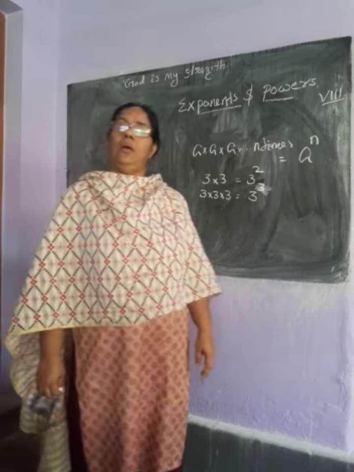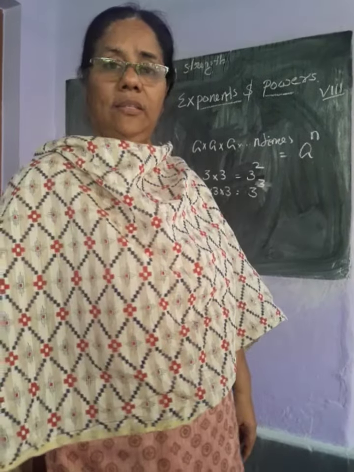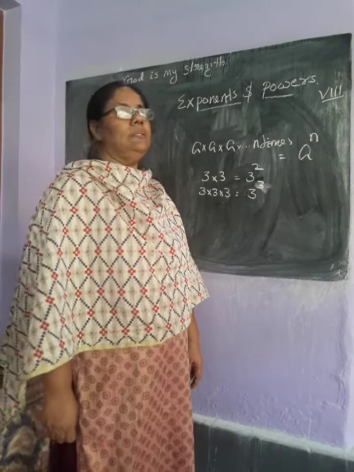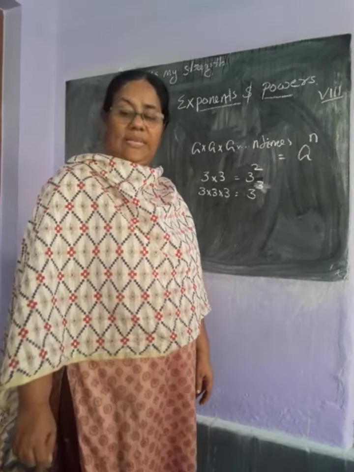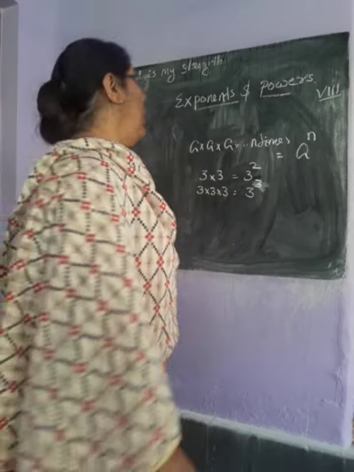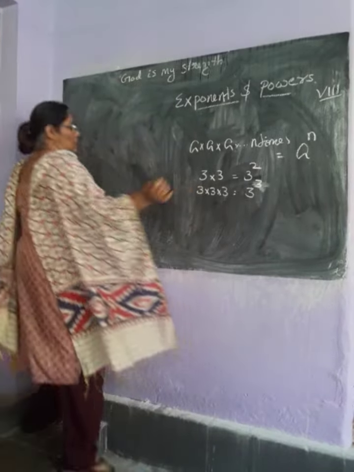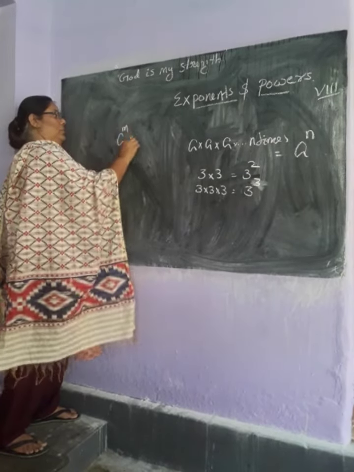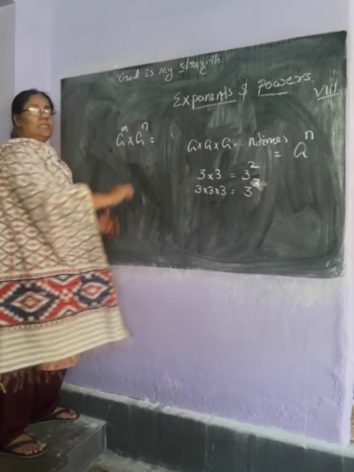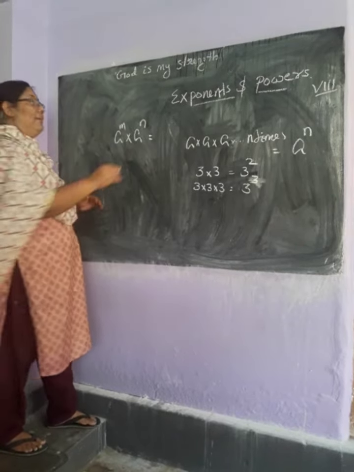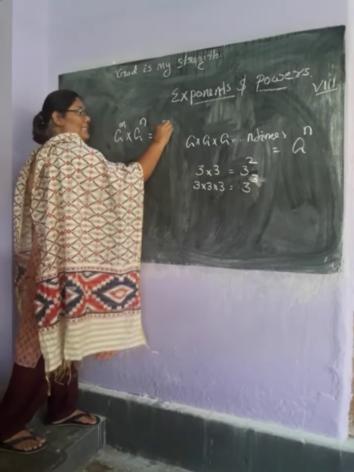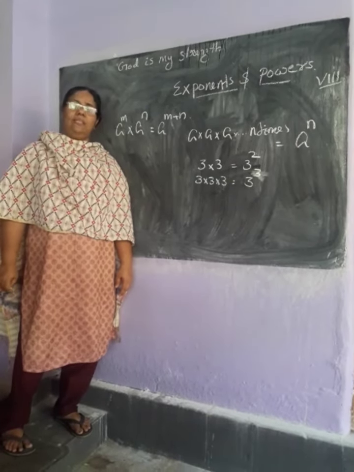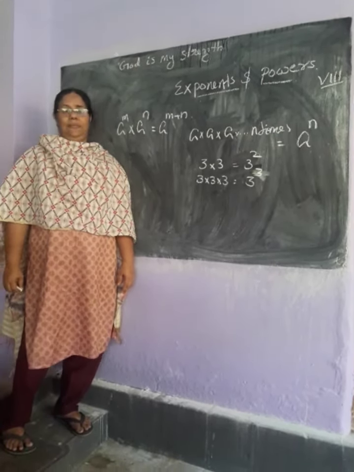Understand? Now, I am going to write the laws of exponents. You already studied this topic in standard 7. The first one is A raised to m into A raised to n is A raised to m plus n.